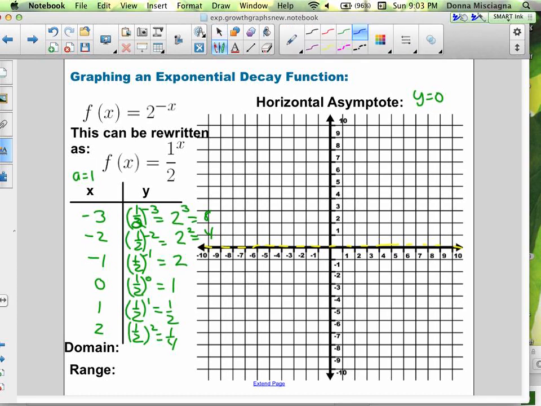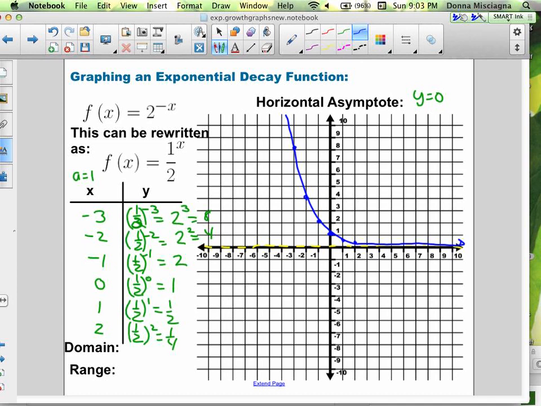So -3, 8, -2, 4, -1, 2, 0, 1, and then 1, 1/2, and 1/4. So as time goes on, it will get closer and closer to this line, although I really can't draw it looking closer and closer because my pen has some ink, has some width to it, but that's the idea. It's going to keep getting closer.